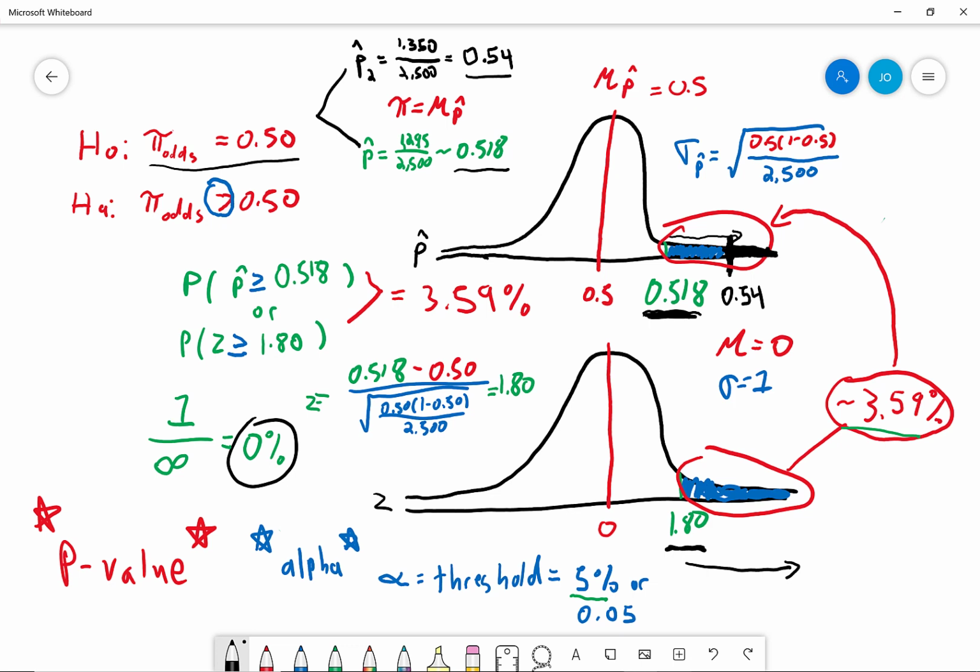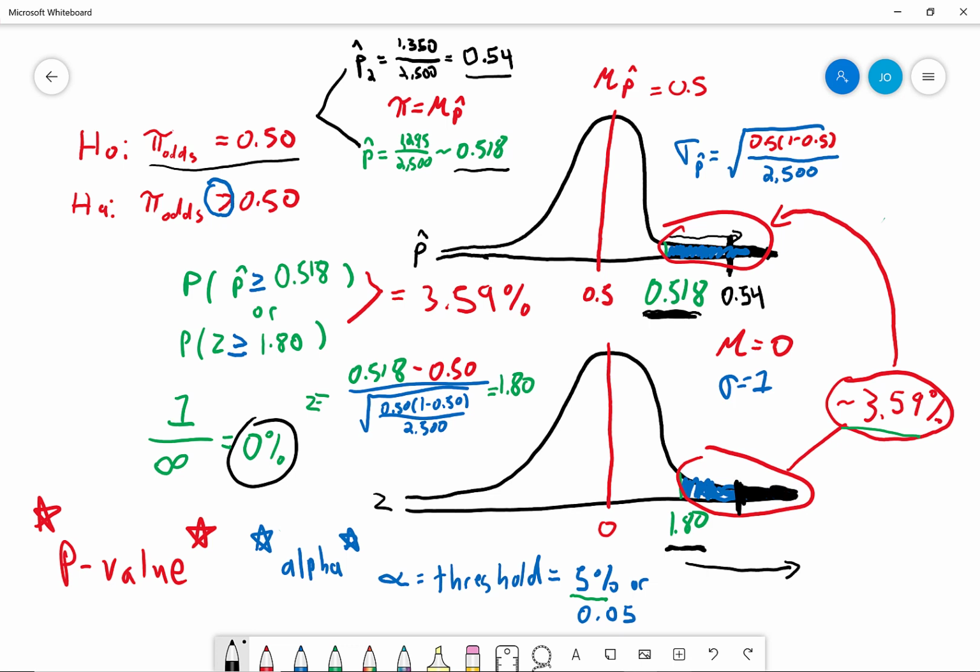What we've learned from this is that a smaller p-value gives you more evidence. Not the other way around. A big p-value doesn't give you more evidence. The smaller your p-value is, the more evidence you have for HA and to go against H0. The same thing would be true down here for our test statistic. If we shaded everything to the right, we have a smaller area.